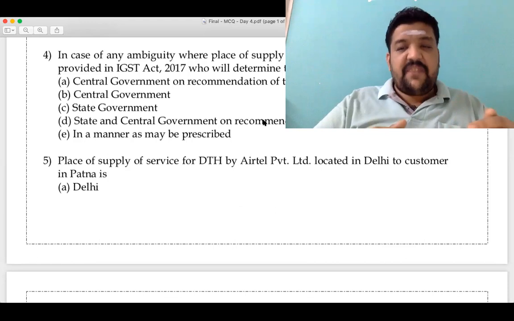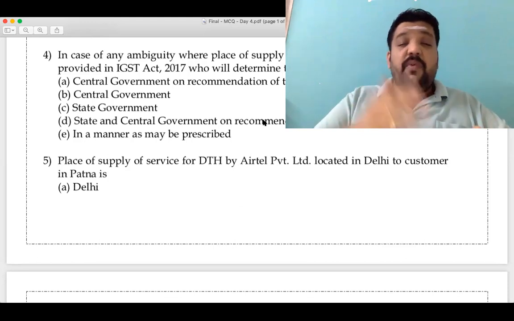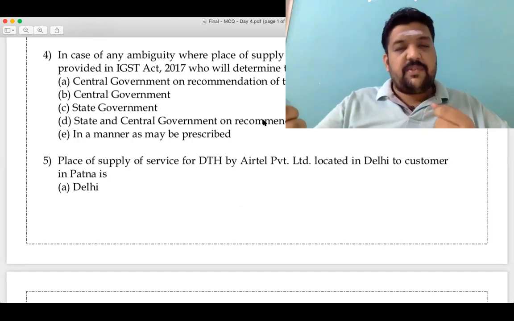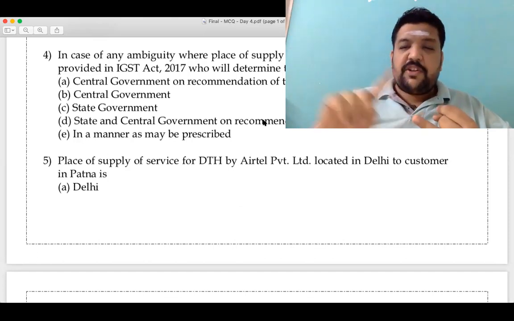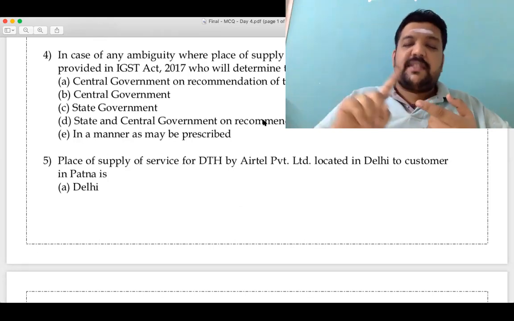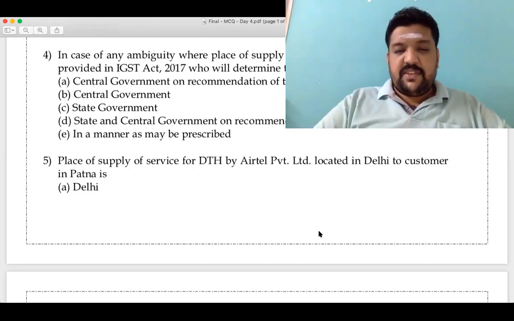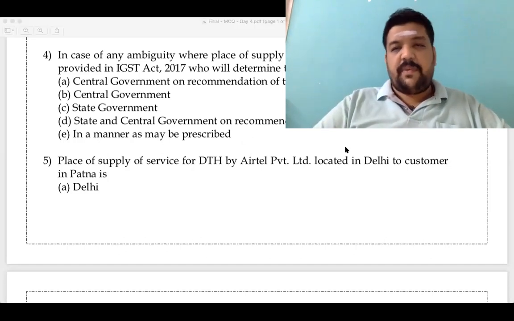Now, in case it cannot be determined, how can it be determined? It is central government in consultation with GST Council, central government suo moto, state government suo moto, or state and central government in consultation with GST Council. How has it to happen?